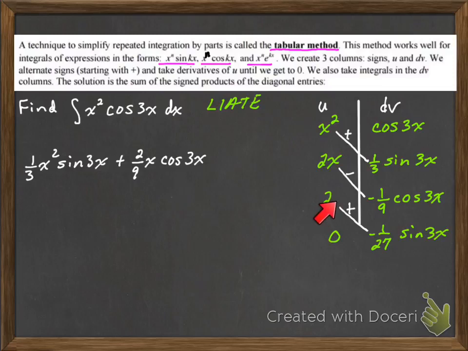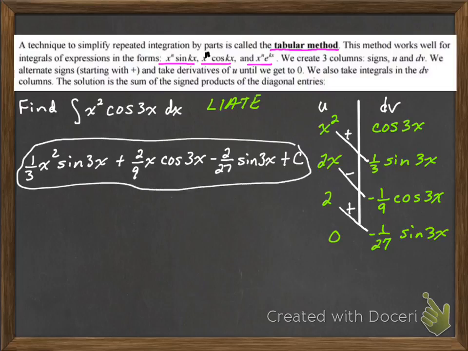All right, so then our next term is going to be positive 1 times 2 times negative 1 over 27 sine 3x, which is going to give us minus 2 over 27 sine 3x, and our big fat plus c.